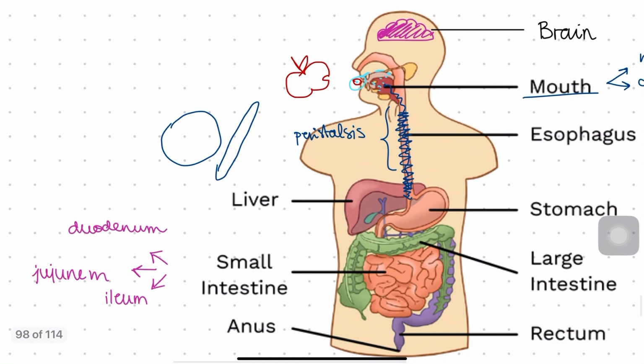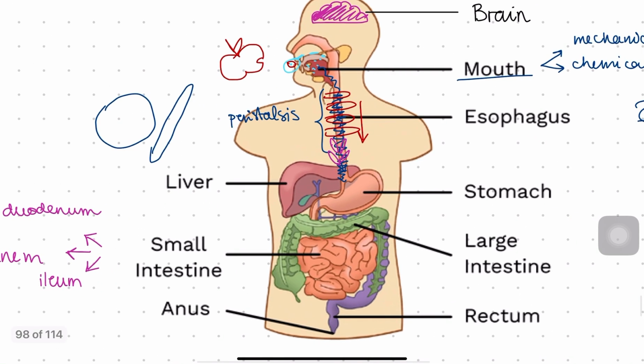The circular ones are responsible for making sure it can't go backwards, so the food's always heading in a down direction away from the mouth. And the longitudinal muscle is responsible for pushing the food. It's going to pinch it and get it to go down there.